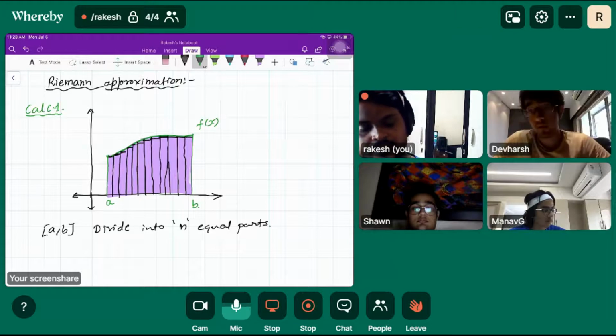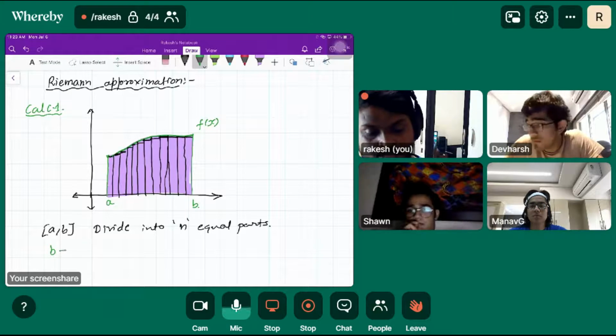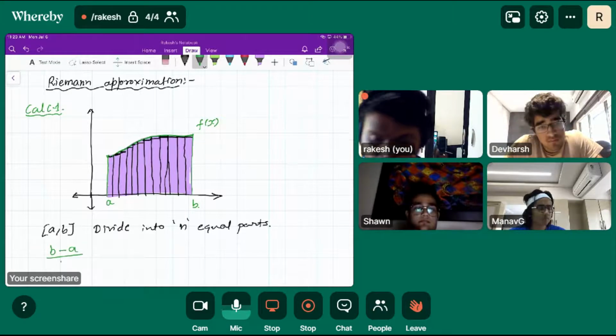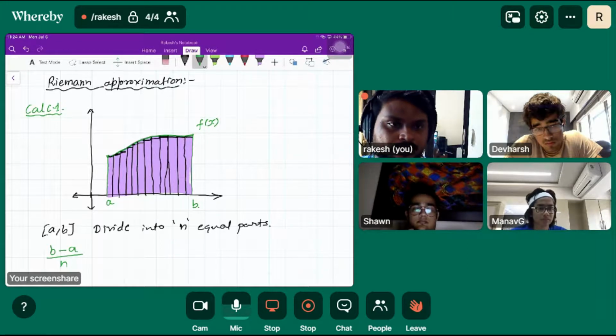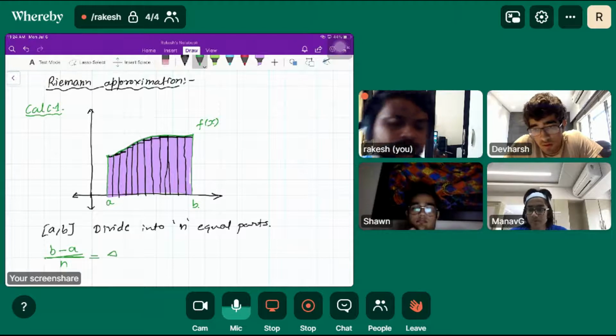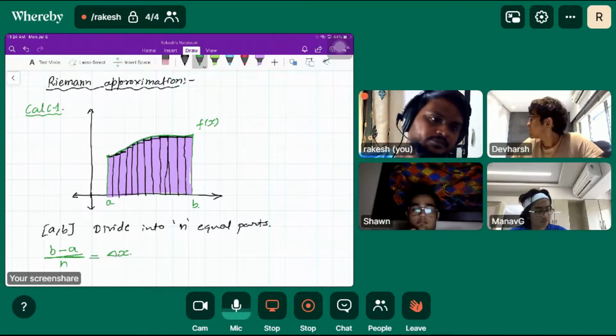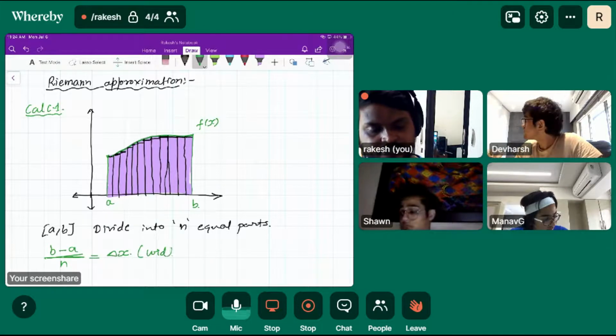Suppose we divide this into n equal parts, so we have b minus a upon n. What does b minus a upon n give you? The breadth of each part. Perfect. It gives the breadth of each rectangle, the width of each rectangle.